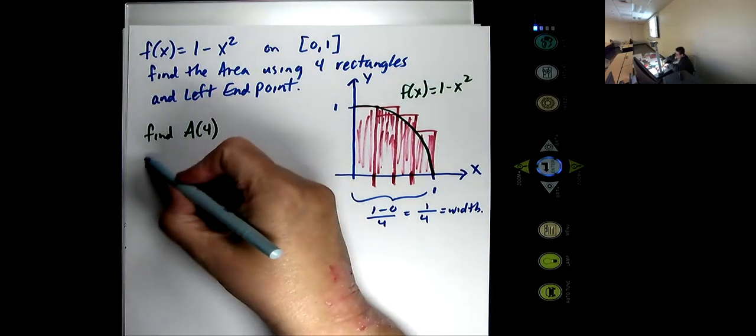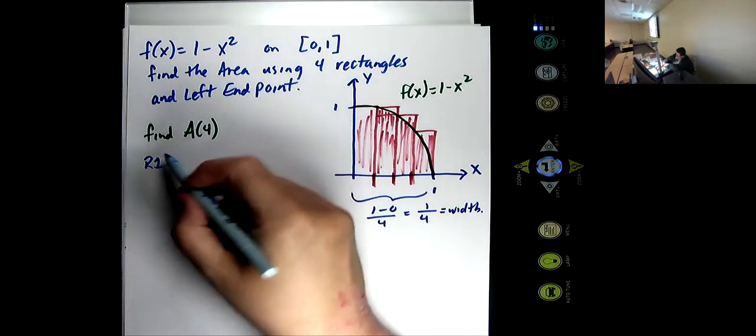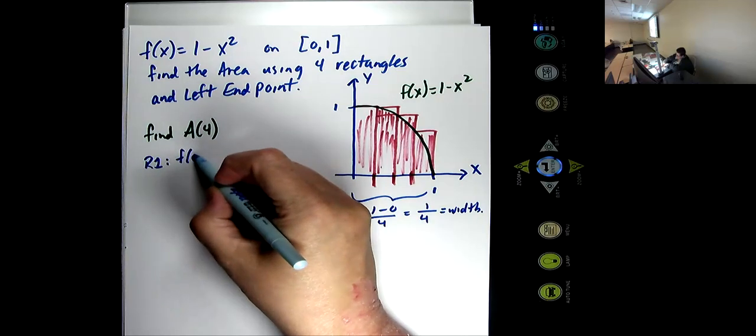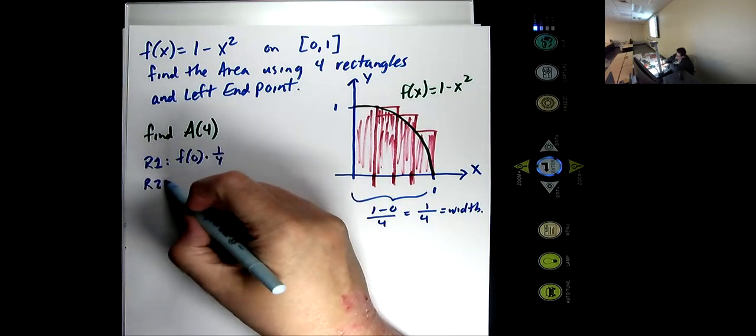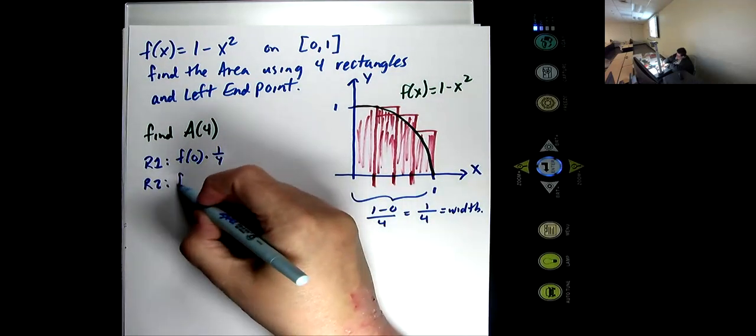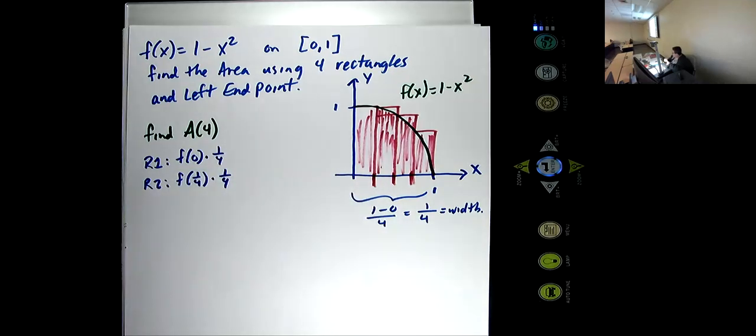So for rectangle 1, the left endpoint would be 0, so you're doing f of 0 times 1/4. For rectangle 2, you're doing f of 1/4 times 1/4, and so on and so forth.